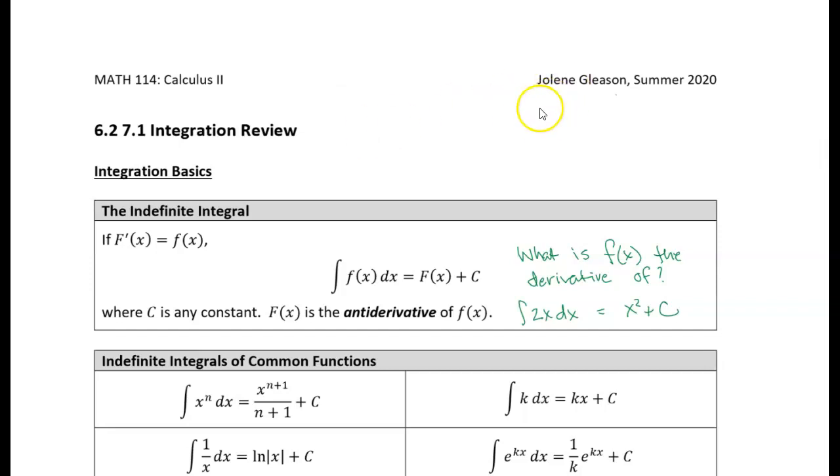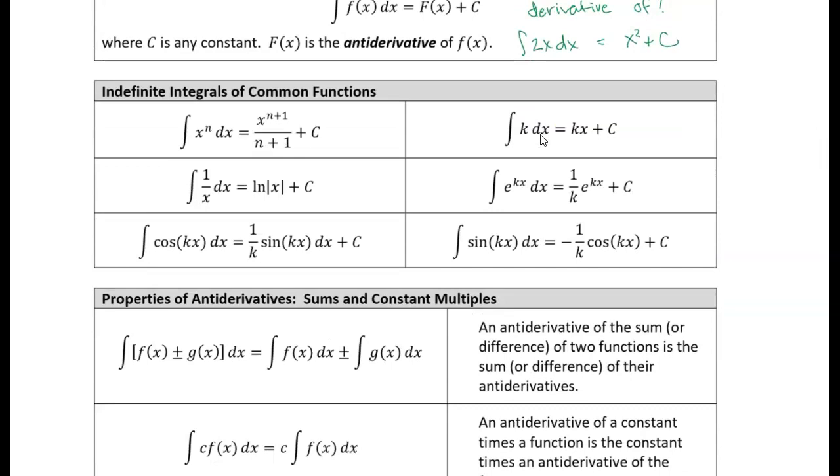Now, these antiderivatives or indefinite integrals of common functions all come from the basic derivative rules that you already know. So for example, you know the power rule, and essentially the integral of x to the n is using the power rule in reverse.